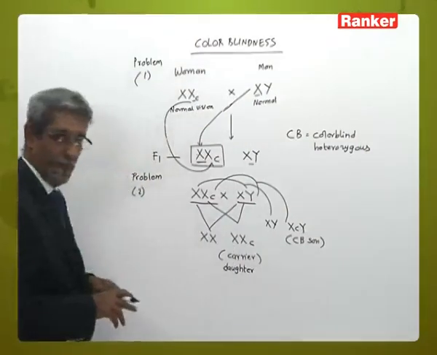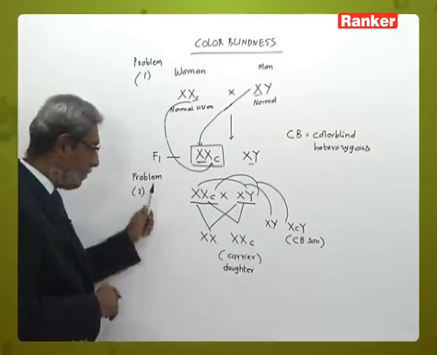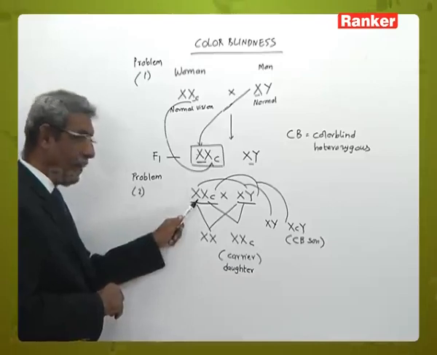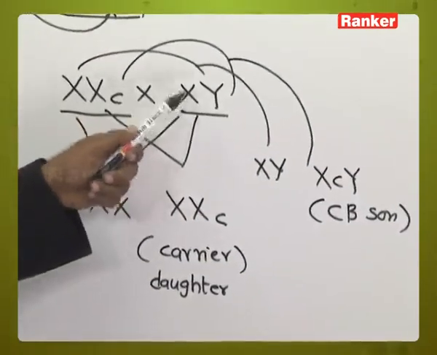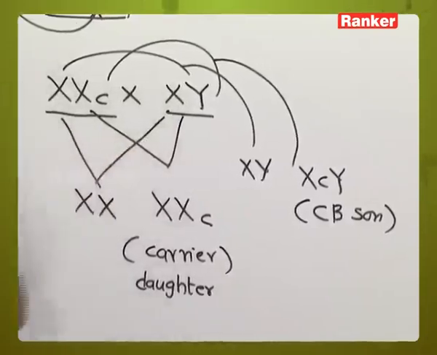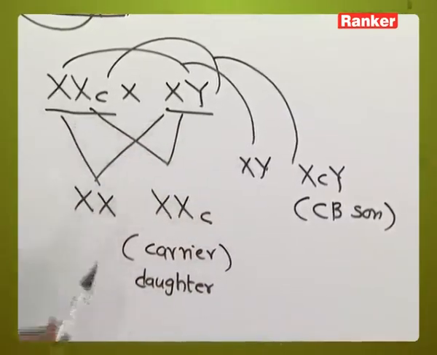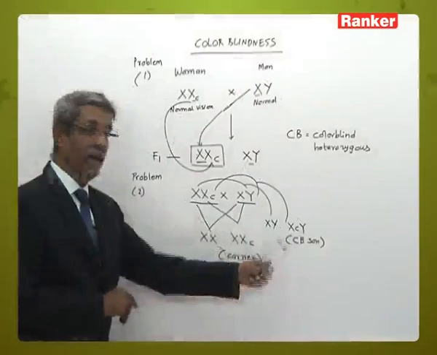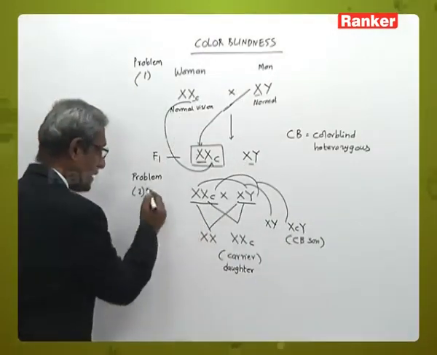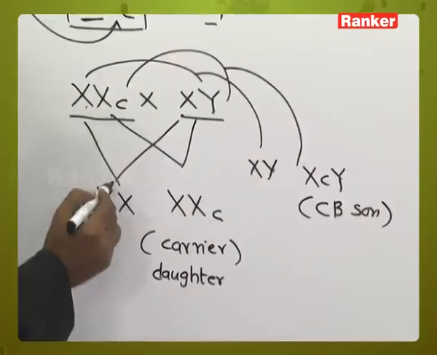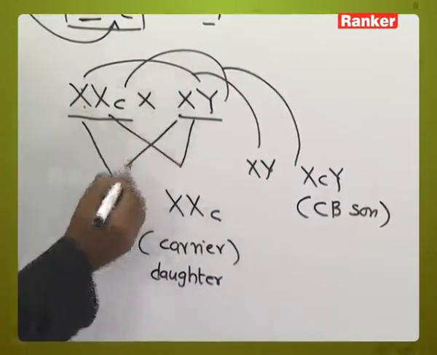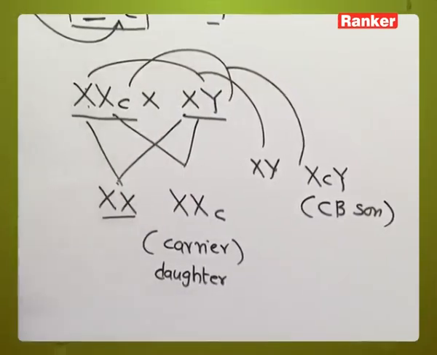In another situation, supposing a woman is colorblind and she marries a normal person who is XY, what could be the offsprings, who could be the carriers, and where is the colorblind gene? This is the second set of problems. So when we segregate, X gets segregated over here, the X and the X can combine to form an XX.